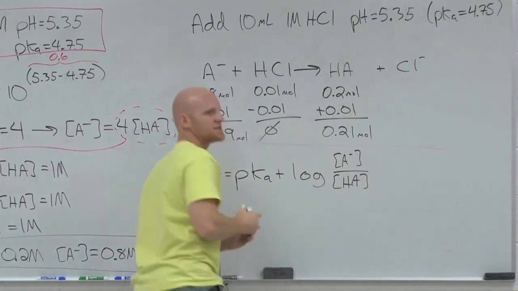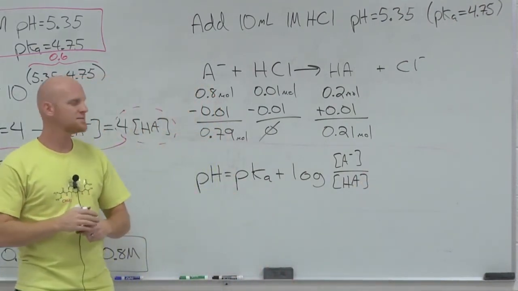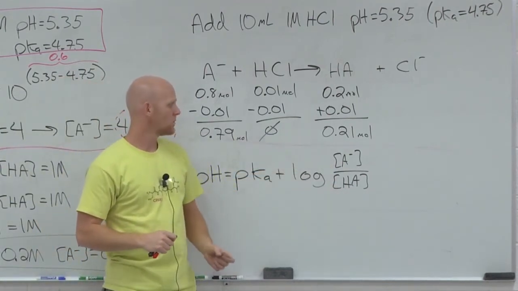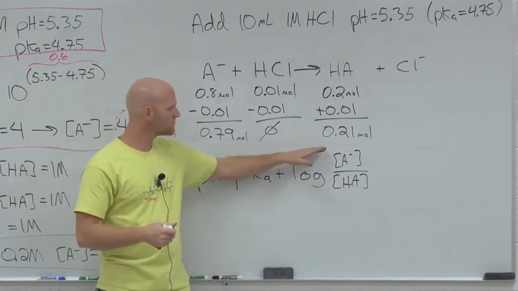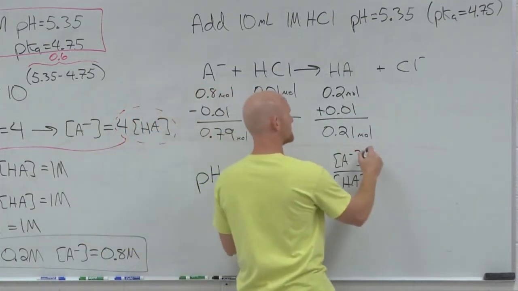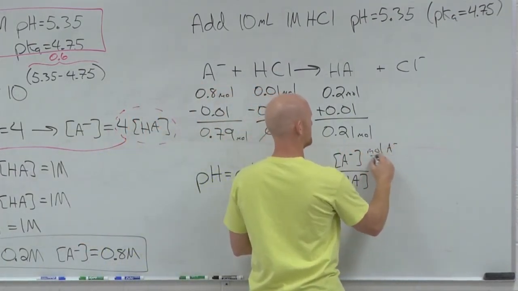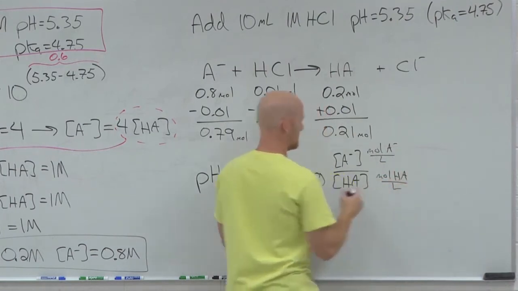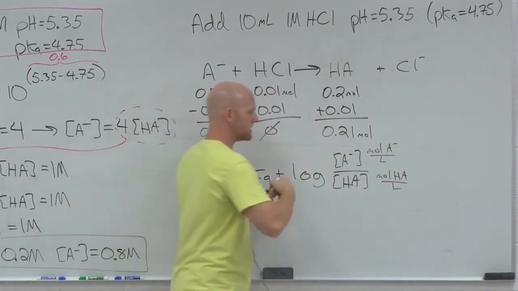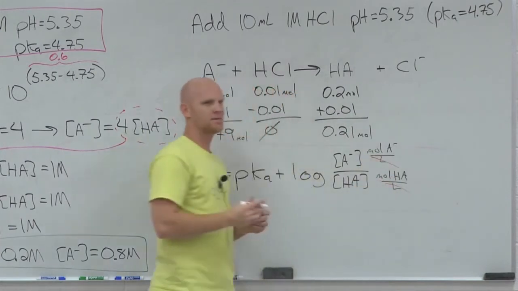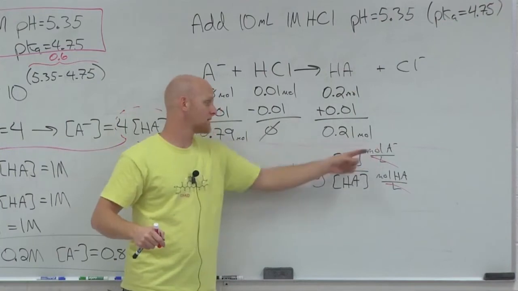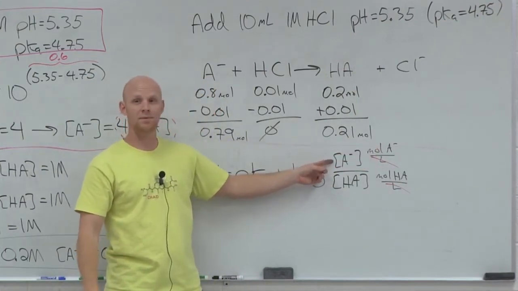And there's our Henderson-Hasselbalch. But if you recall, I said sometimes instead of using molarities with Henderson-Hasselbalch, we can assume the liters, when we do this as moles per liter over moles per liter, it's the same solution, and so the liters cancel. And you can just look at this as a ratio of moles. Now notice, moles of A minus does not necessarily equal molarity of A minus for every solution.